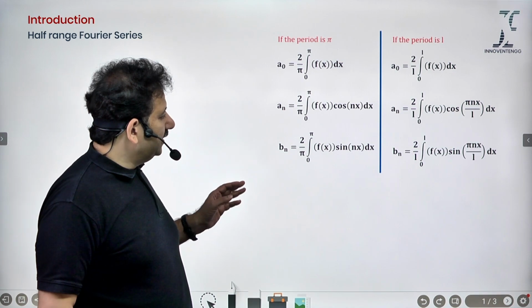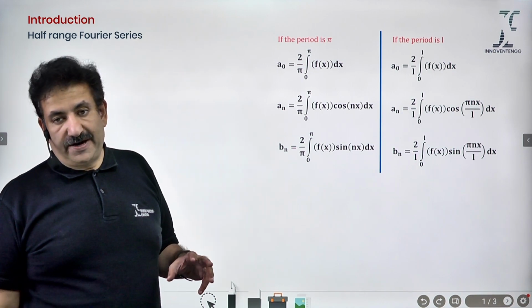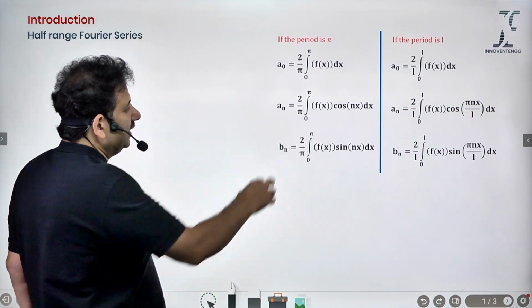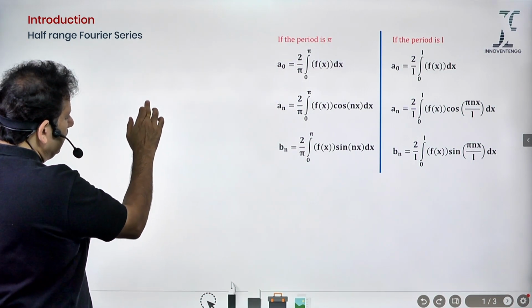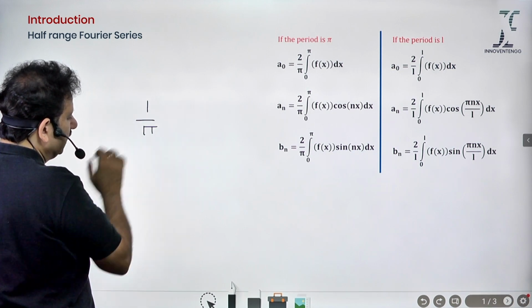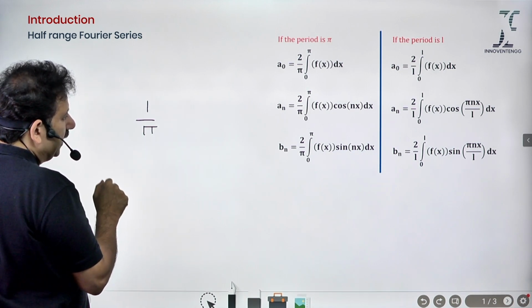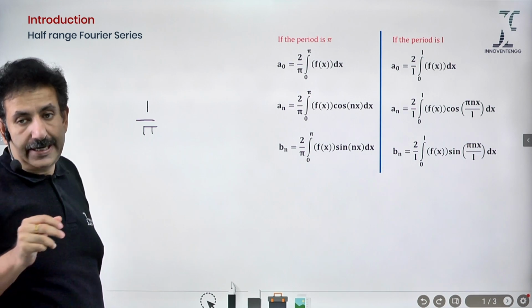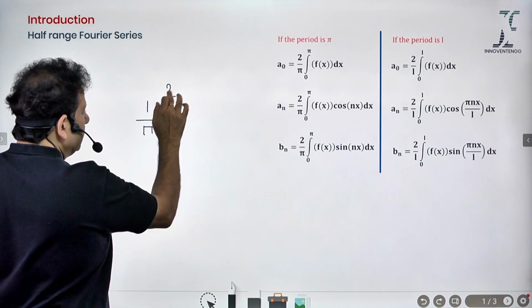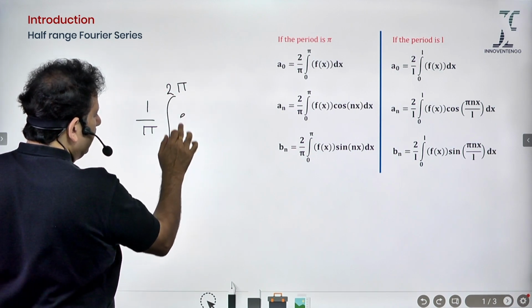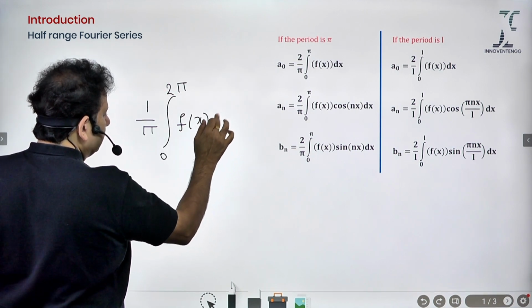And you can see that the formulas are modified. And you can see here especially how to remember these new formulae. Earlier, the typical expression for A0, for a range of 0 to 2 pi, used to be 1 by pi, integral 0 to 2 pi, f of x dx.